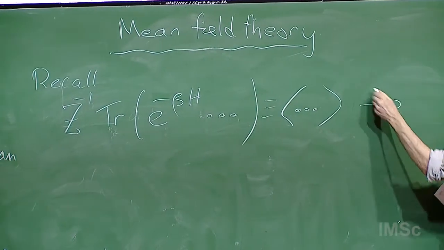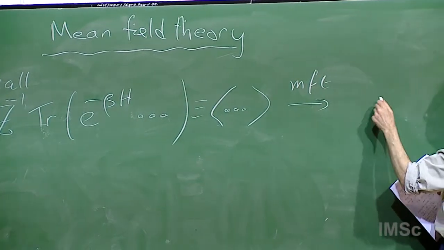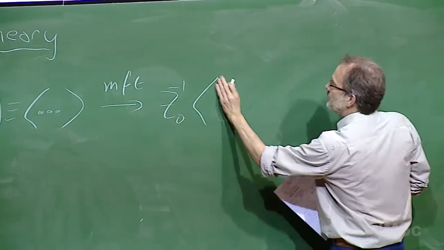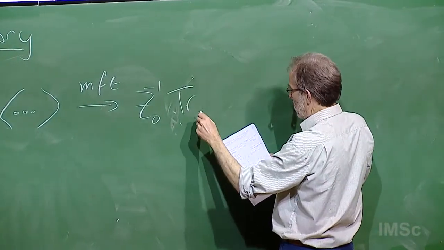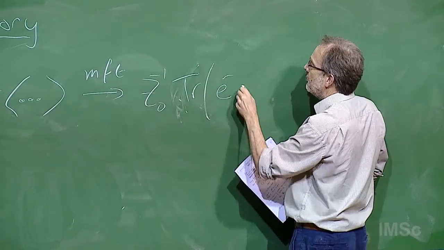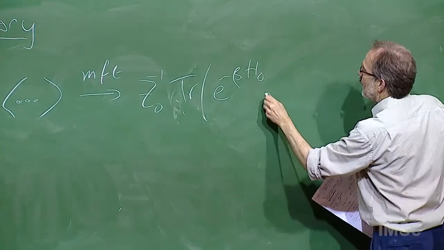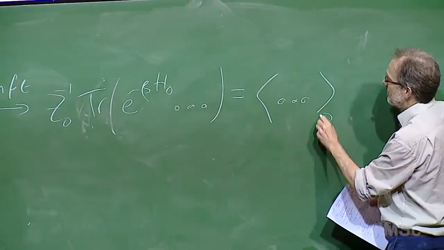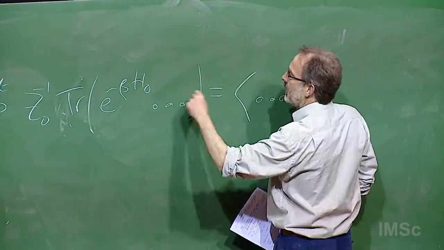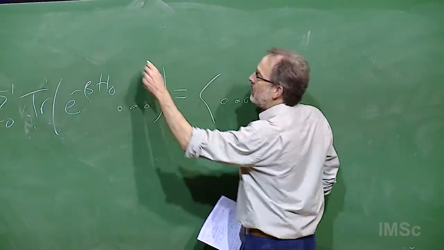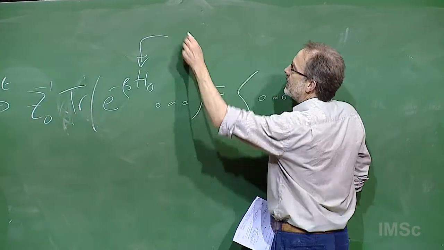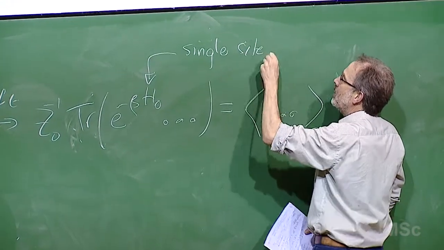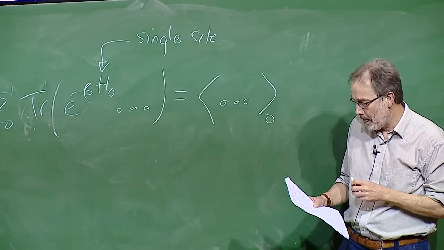And then the idea in mean field theory is that we replace this with a trace of an approximate Hamiltonian, which we can write as angular brackets with a 0 underneath to mean approximate. And then in order that the thing on the right we can calculate explicitly, we take this to be some single site Hamiltonian, perhaps with some effective exchange field in it.